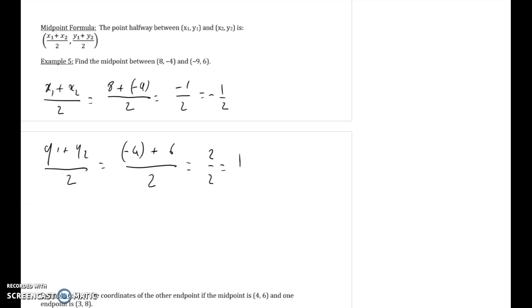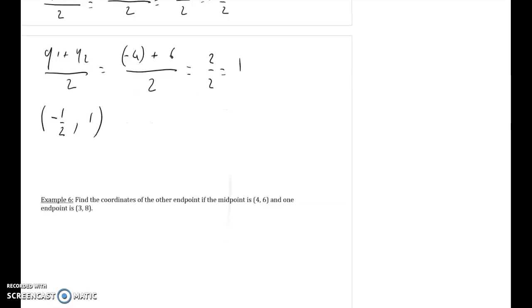At the end of the day, we got 1. So the midpoint will have coordinates -1/2 and 1. I would like to remind you that the midpoint is a point. Therefore, it has a coordinate on x and a coordinate on y.